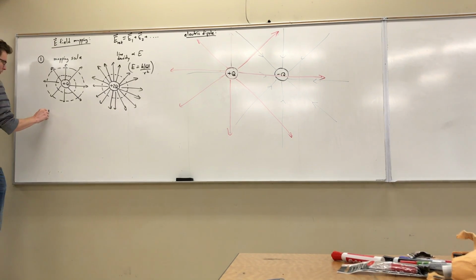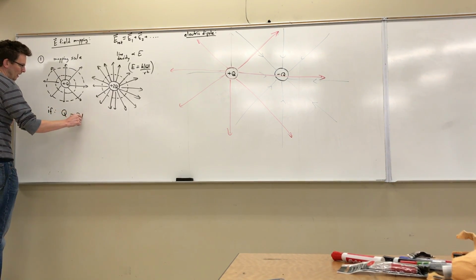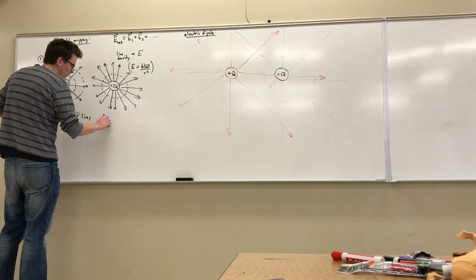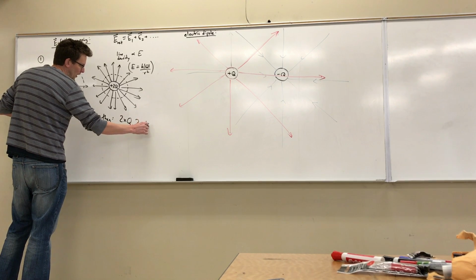So if I pick Q is 8 lines, that's the only free choice I get when I'm starting my map. It's the very first charge you put down, you get to choose how many lines are going to be represented by that. But then, if you have 2 times that charge, you have to have 2 times as many lines.